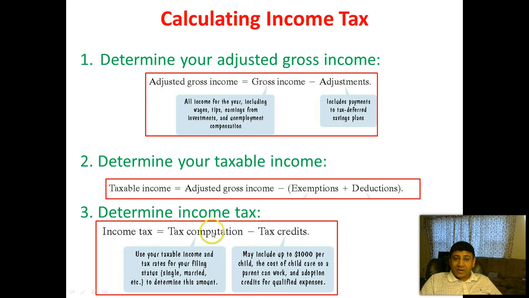It will be the tax calculated on your taxable income minus any tax credits, for example solar tax or child tax credits, whatever the credits are. So these are the three basic steps: finding adjusted gross income, finding taxable income, and then calculating the tax using the tax bracket where you fall.